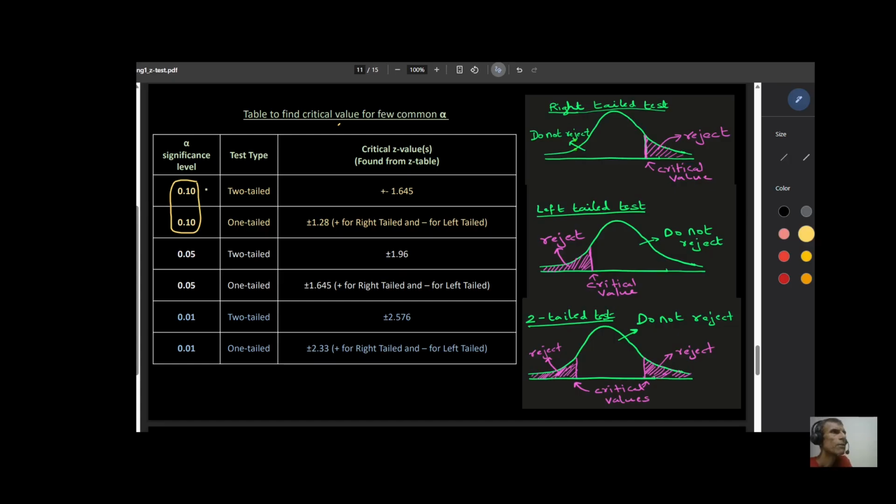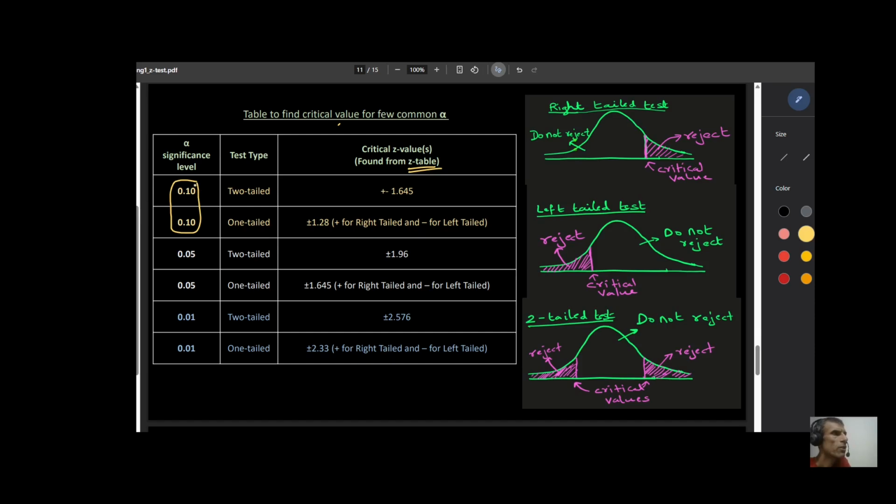Using this alpha, and depending on what type of test you're performing, you can find your critical value using the z table. I have entered a few common critical values by looking at the z table. The common significance values are 0.10, 0.05, and 0.01.